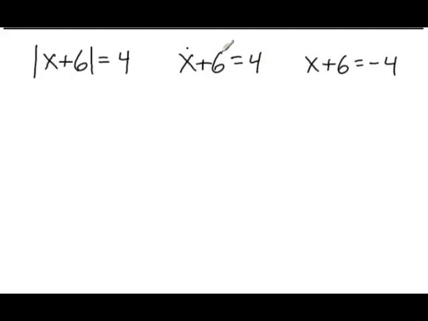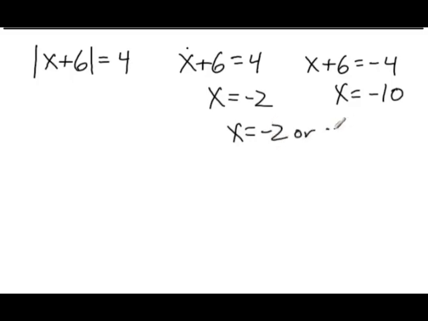Solving both of these, I'm going to subtract 6 from both sides. So x equals negative 2. Subtract 6 from both sides. x equals negative 10. So this equation has two solutions. Either x is equal to negative 2, or it's equal to negative 10.